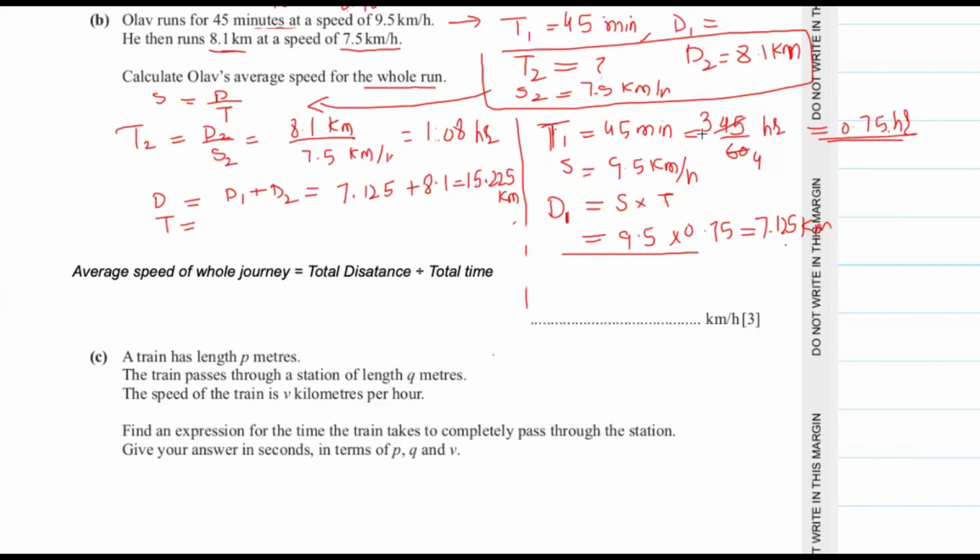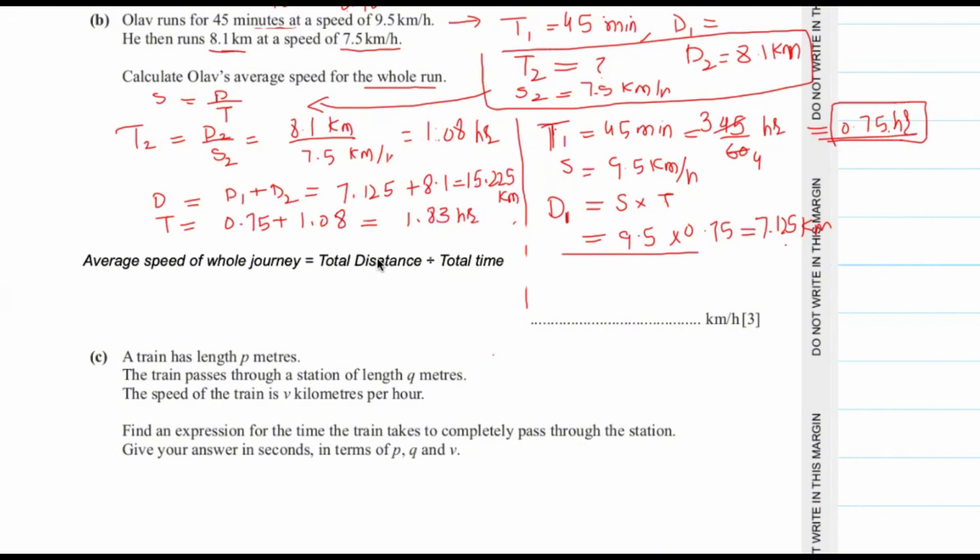This is 0.75 hours. This is the first journey time. This is 0.75 plus second time is 1.08, and this will be equal to 1.83 hours, and we can calculate the total journey average speed.